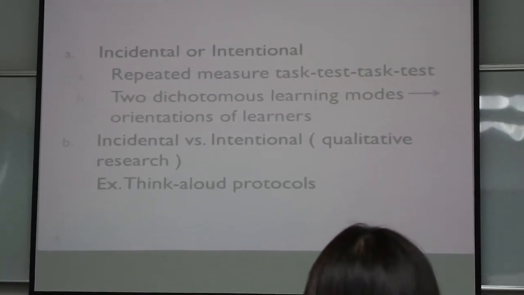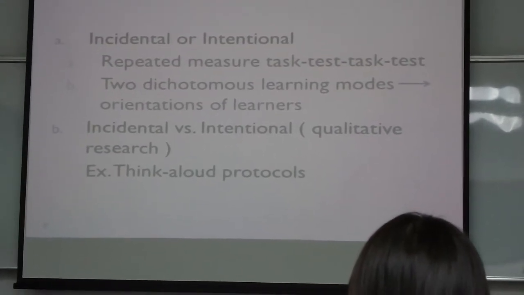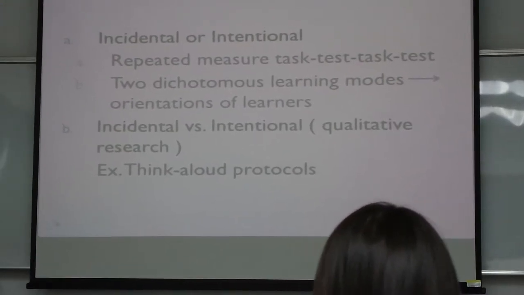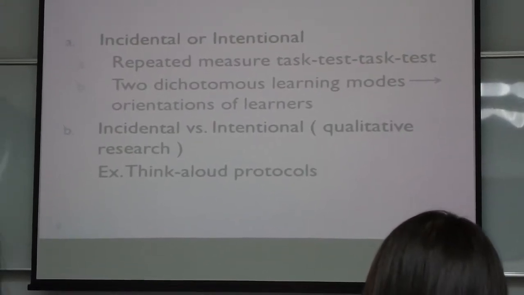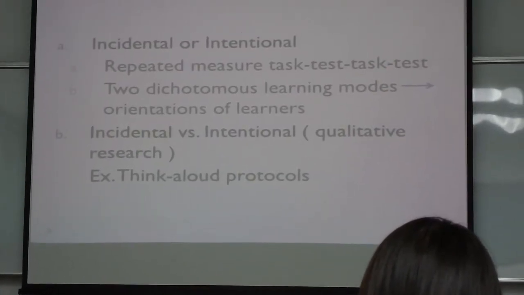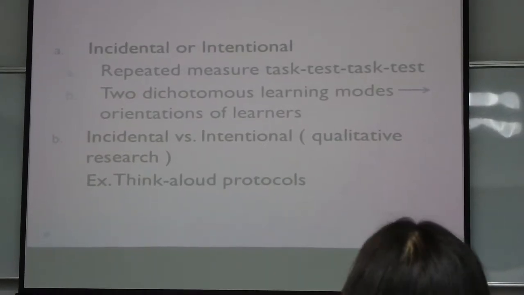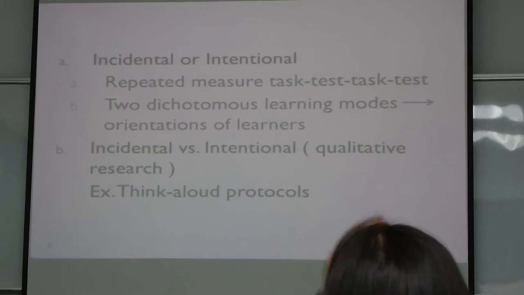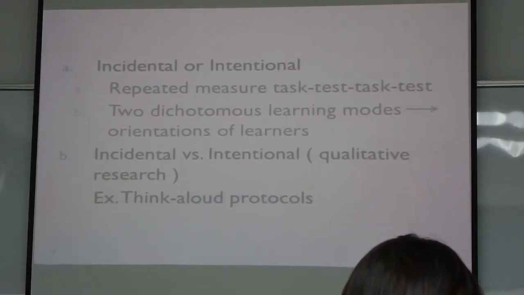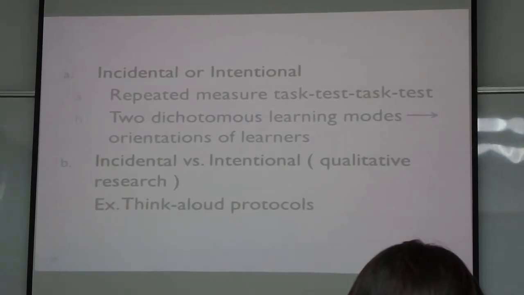For future research, I suggest that researchers can use think-aloud protocols, a research method from qualitative research. I think by doing so, researchers can get ideas about whether learners learn words incidentally or intentionally.